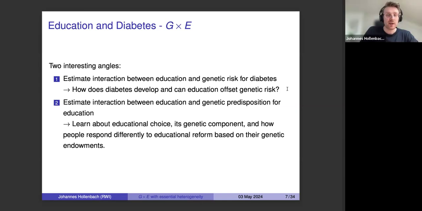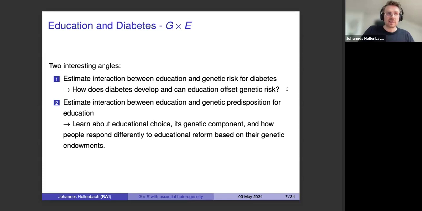In this setup, the interesting heterogeneity we're estimating is what Heckman and colleagues call the essential heterogeneity. So basically different types of individuals, compliers, having different treatment effects. So it's treatment effect heterogeneity.